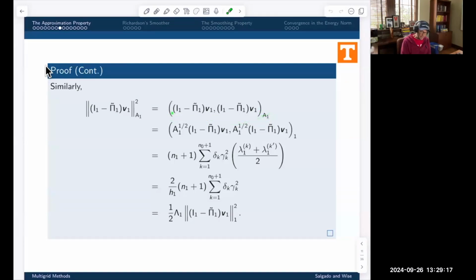And then I separate A1 into its two parts. Remember, we said that any SPD matrix can be written as its square root times its square root. So that's what I'm doing. I introduce this in here, split it into its square roots. Then I move one of those square roots over to the other side, and I get this line.